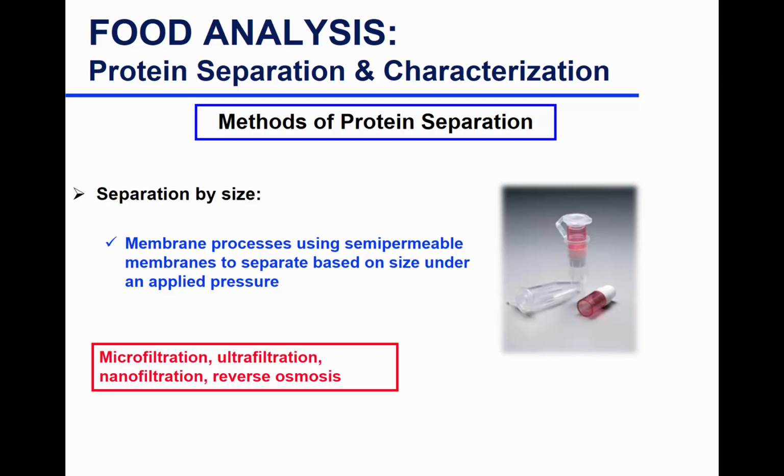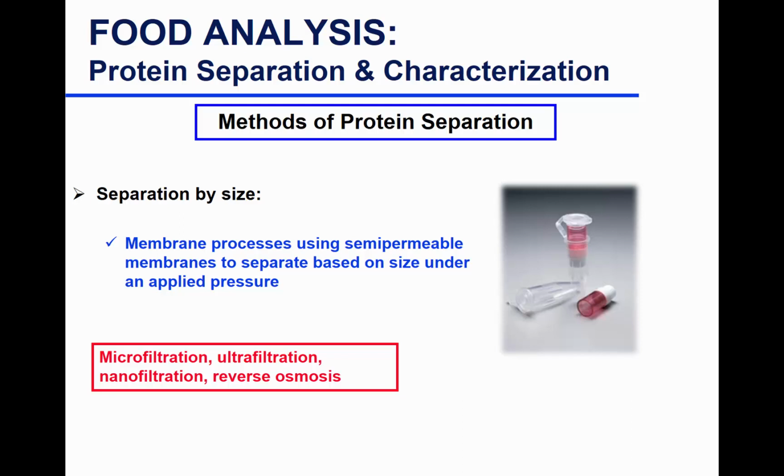By centrifugal force, you can force anything with water, with anything less than the cutoff of the pore size, because the membrane also has pore sizes. So for example, this one has 30 kilodalton cutoff. So often you want to separate proteins that are larger than a certain molecular weight and get rid of anything smaller, or vice versa.